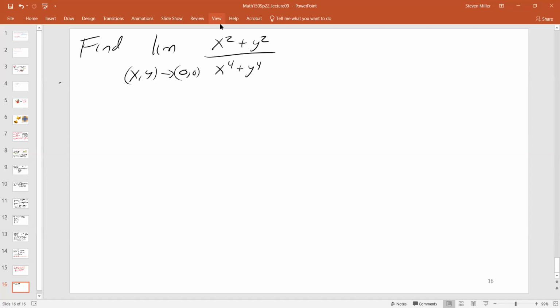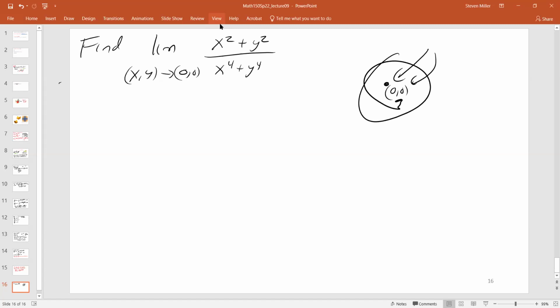Not undefined. Okay, so it's more than just not undefined. For the limit to exist, what is the definition? I've got my point (0,0), and what must I observe as I approach (0,0)? Right, I could come in along the line, I could come in along the parabola, I could spiral in, no matter what path I take.